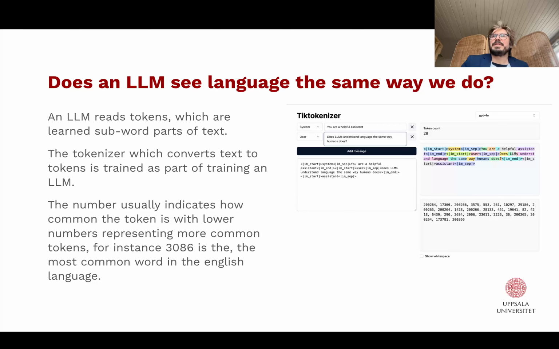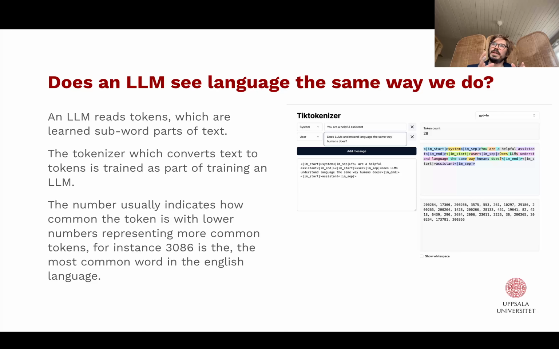But of course, LLMs don't see language the same way we do. So this is the tiktoken tokenizer, which is the one used for ChatGPT. And as you can see here, it translates a sentence, "Does LLM understand language the same way as we do," into these tokens. So basically, the tokens are just numbers, and each token represents some concept, and they can be one letter or several-letter subwords, basically.